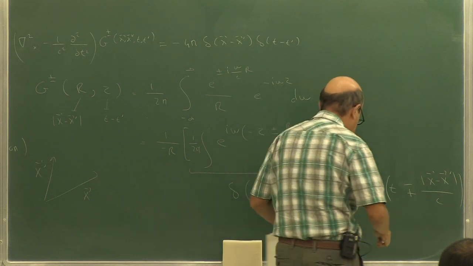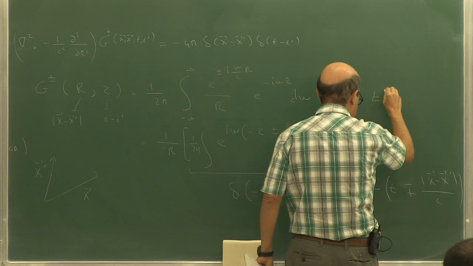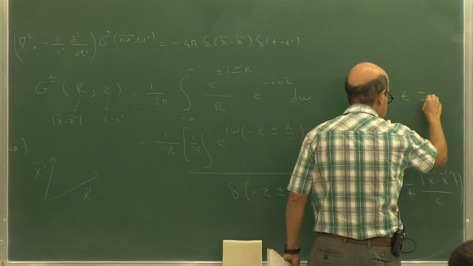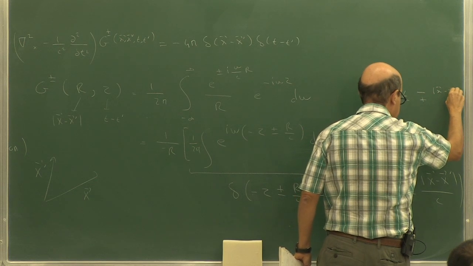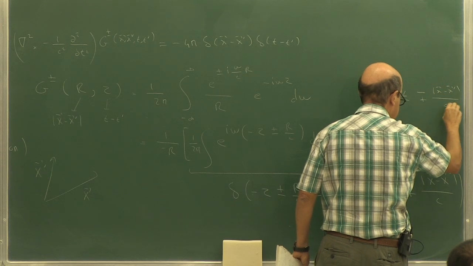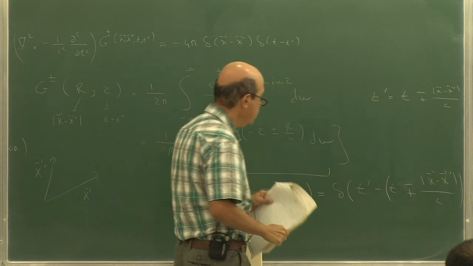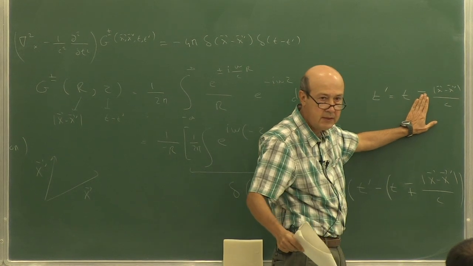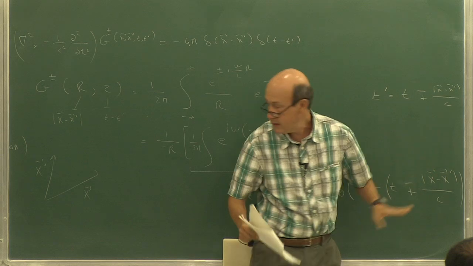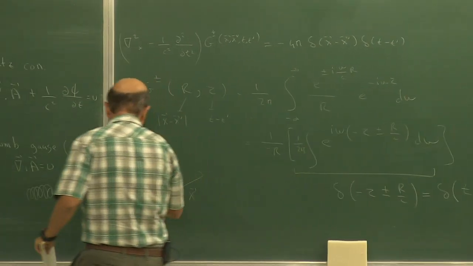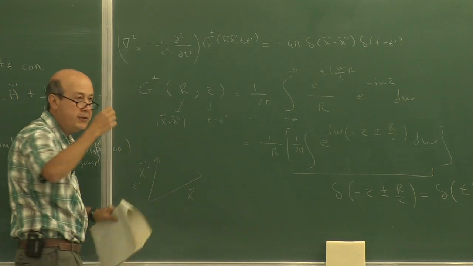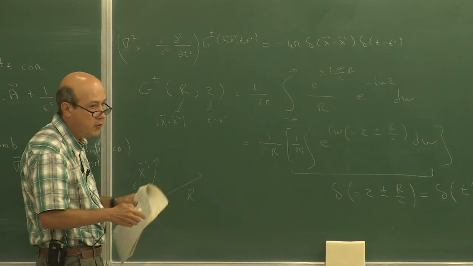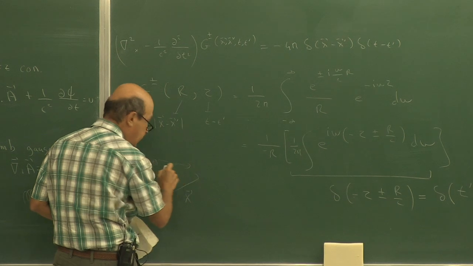So what is the meaning of this? You have two options. t prime is equal to what? t minus plus the magnitude of x minus x prime over c. So if you pick this, what is the meaning of this? t prime represents the source, something happened, radiation emitted, and the information in vacuum propagates at what?